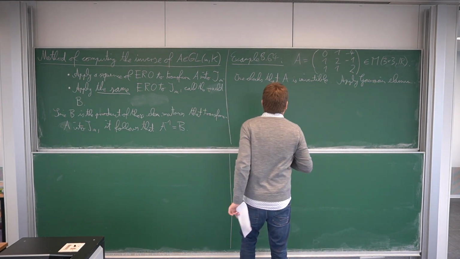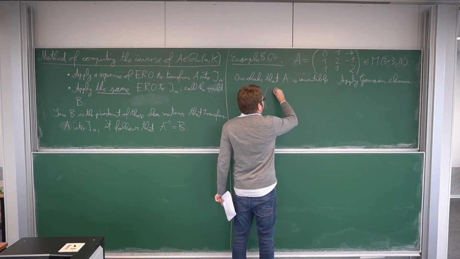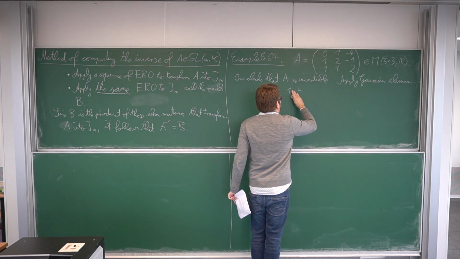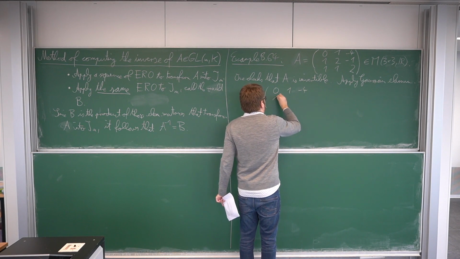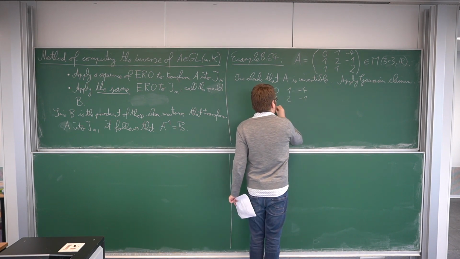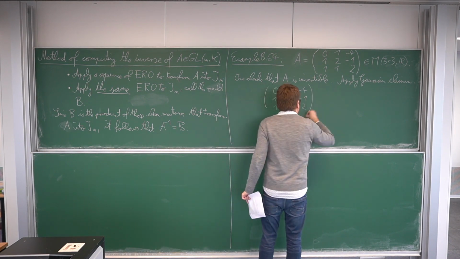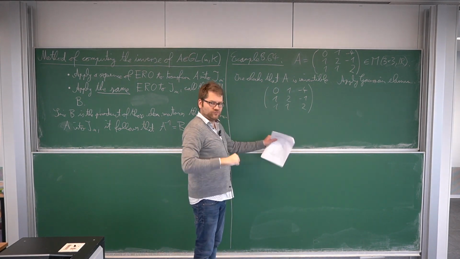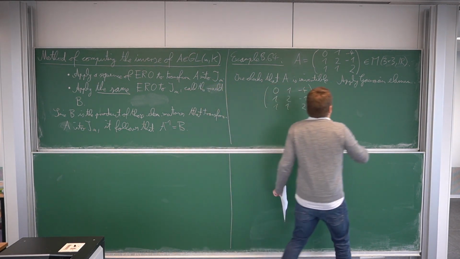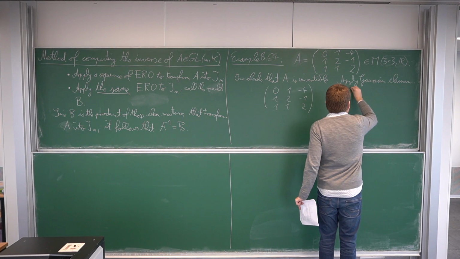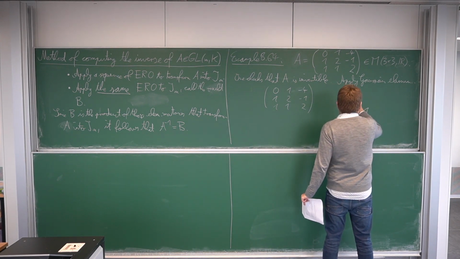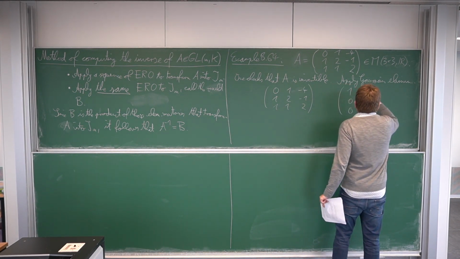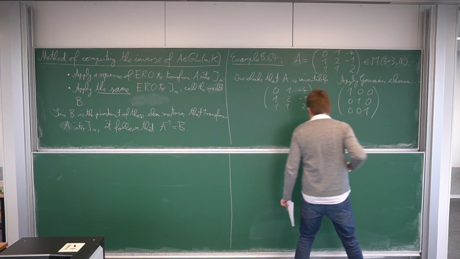This time M is 3, so we need to study the matrices 0, 1, minus 4, 1, 2, minus 1, and 1, 1, 2. It's like bookkeeping, where you always have two entries. We do this on the one side, and on the other side we do the same to the identity matrix, which is of course given like this.